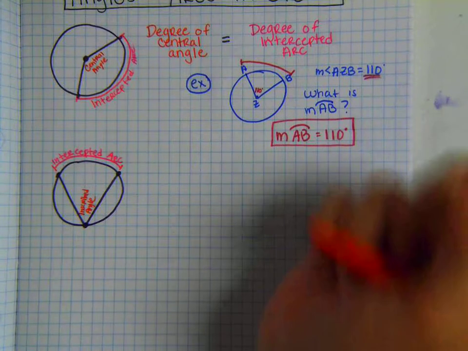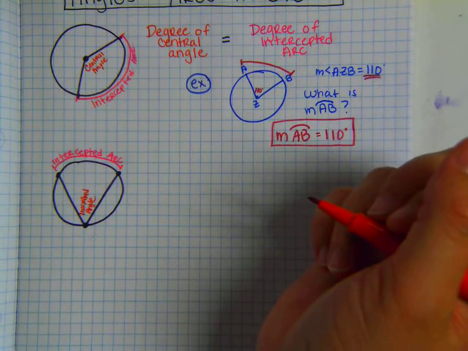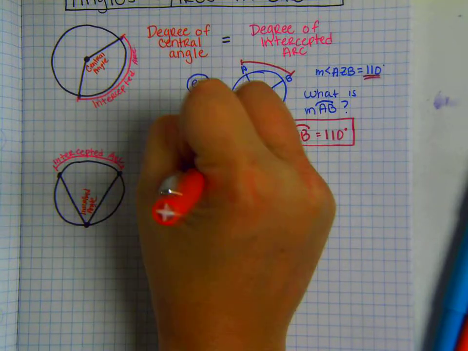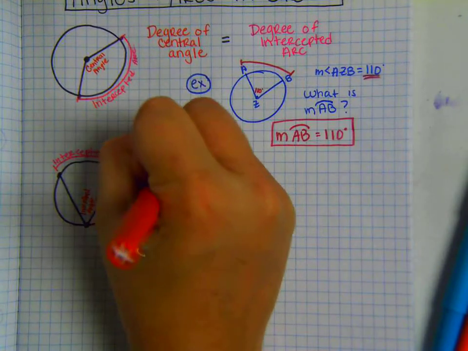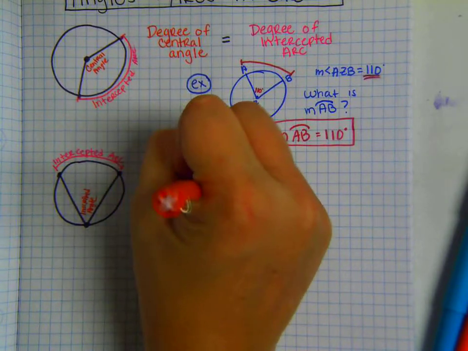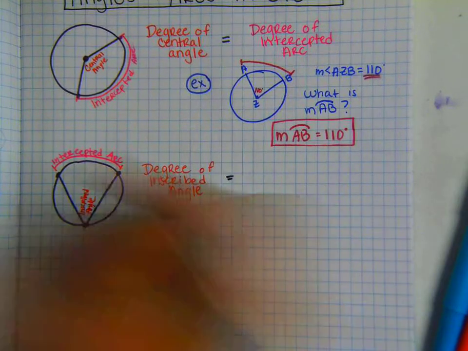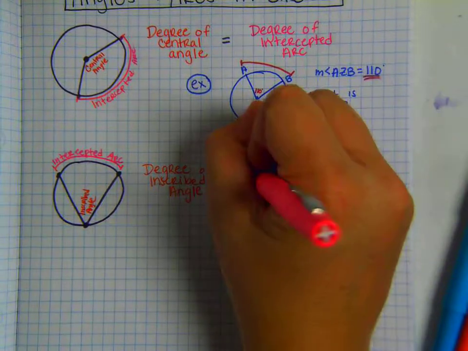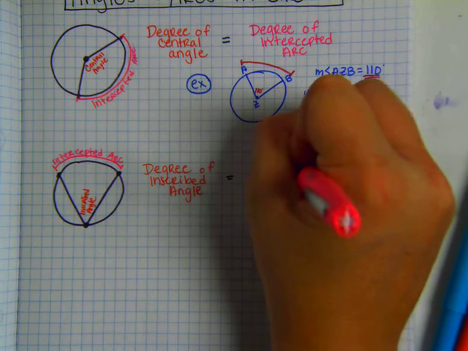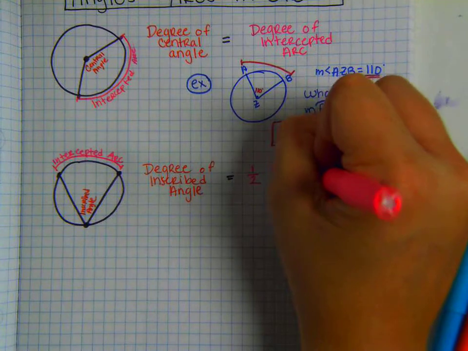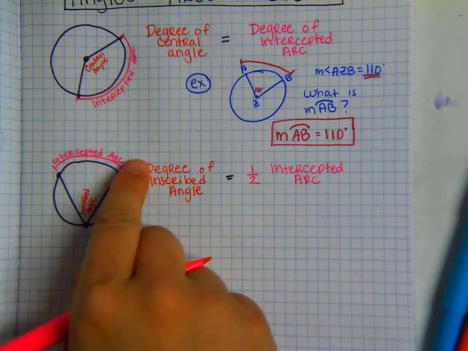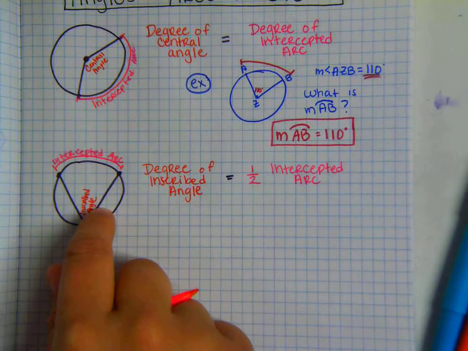So this time, the degree of the inscribed angle equals, this time it's not the same, it's 1/2 of the intercepted arc. So you take the intercepted arc, divide it by 2, and that's going to be our inscribed angle. Okay.